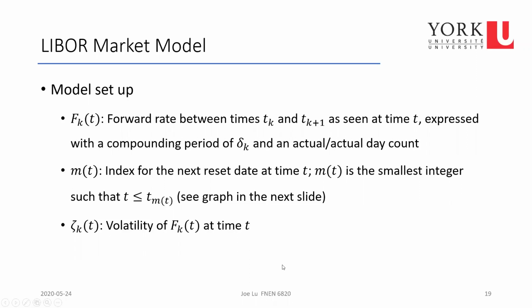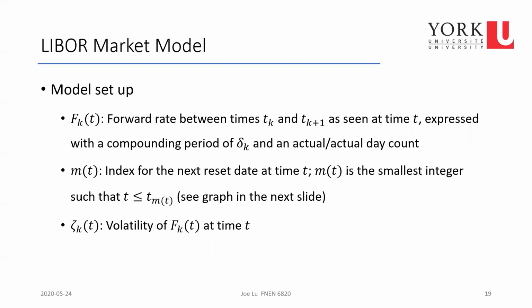Imagine that on your entire curve, the term structure of forward rates, the current point is 0, and then you have 10 points on the curve.